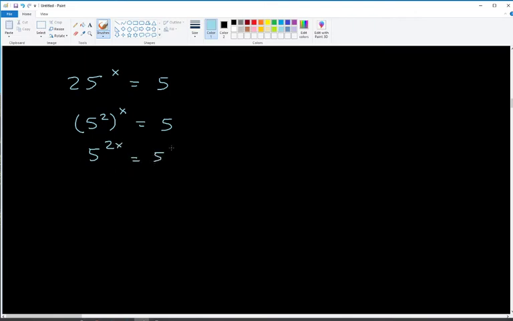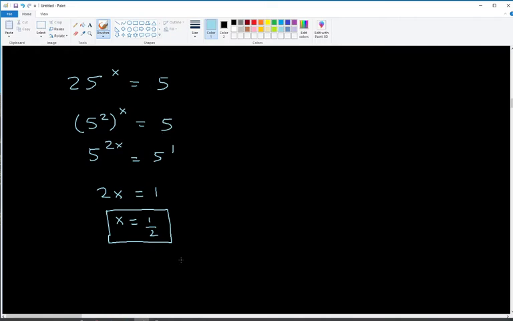And then 5 is 5 to the first power, if we think about that for a minute. Now we got these both the same base, different powers. So to solve this, 2x would have to equal 1. You divide the 2 across, and you get x is 1/2. So you start out with the statement here, you make the bases match, and you get x equals 1/2.